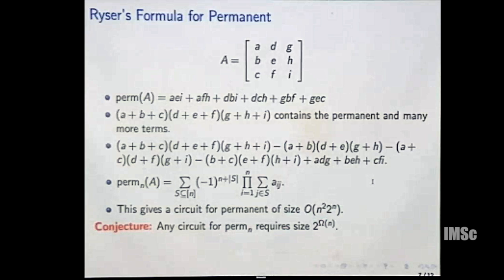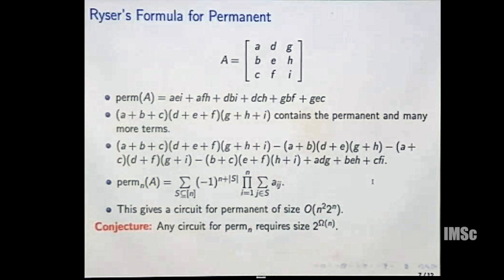The determinant had a small circuit. The permanent is not known to have a small circuit. The determinant had the sign, but the permanent does not have the sign. It is this sign that helps you compute the determinant, because there is a minus sign, things can get cancelled. But the power of cancellation is not there here, so we don't know how to use Gaussian elimination.